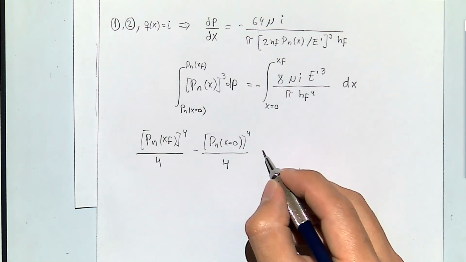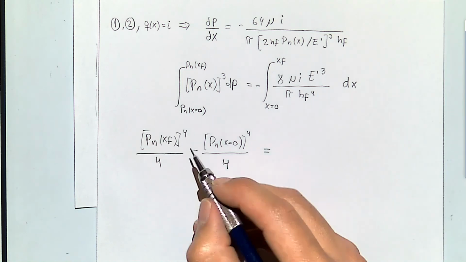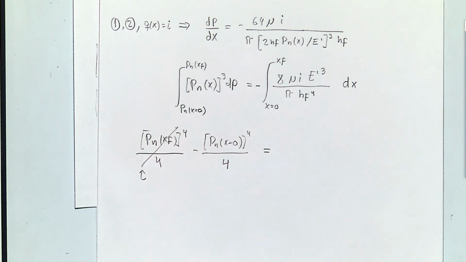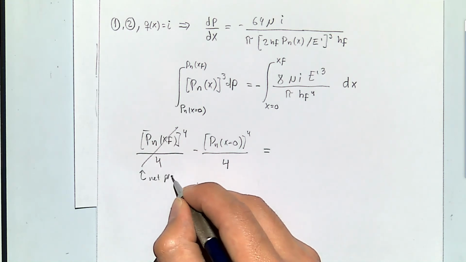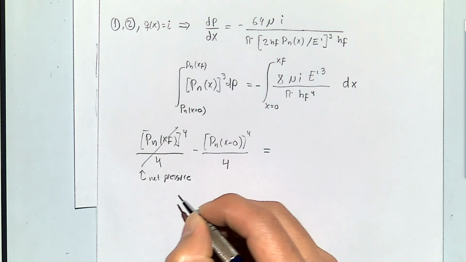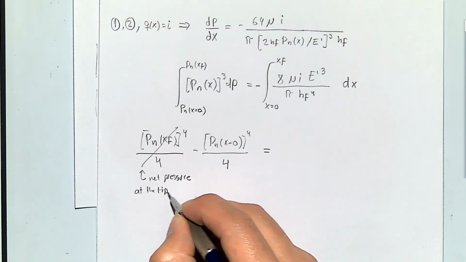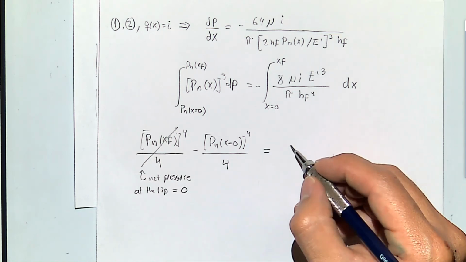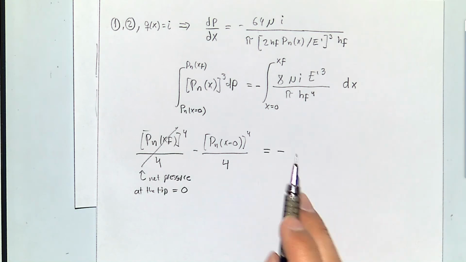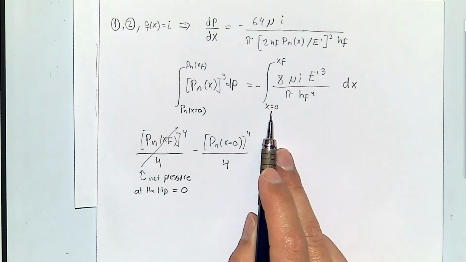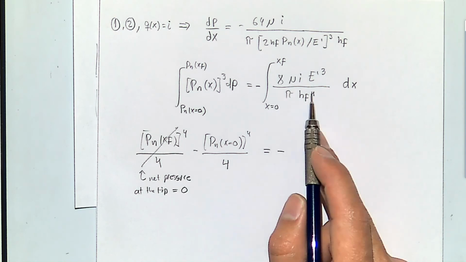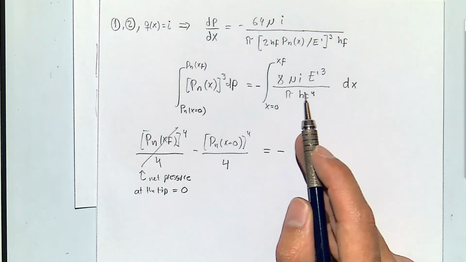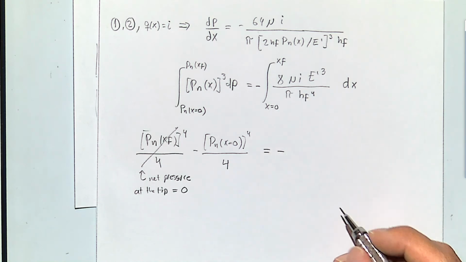What did we say was the net pressure at the tip? Equal to 0. So we're going to cancel that one. So net pressure at the tip is equal to 0. And here, this is just going to be a simple integral, where x, this is going to be this times xf minus x at x equal to 0, and therefore that term is going to disappear.